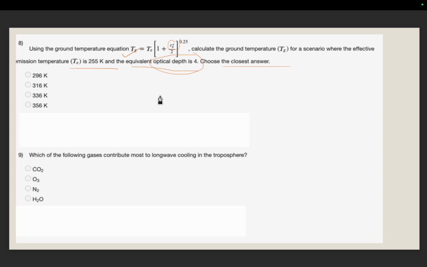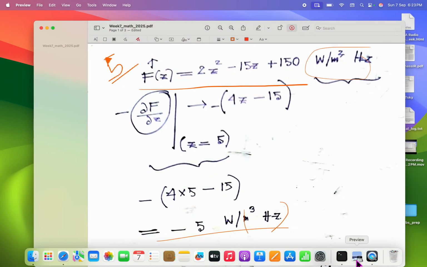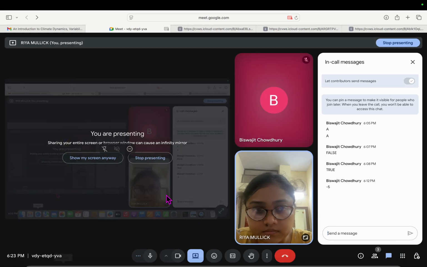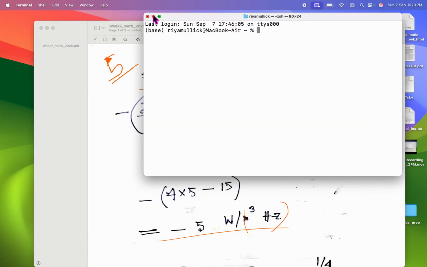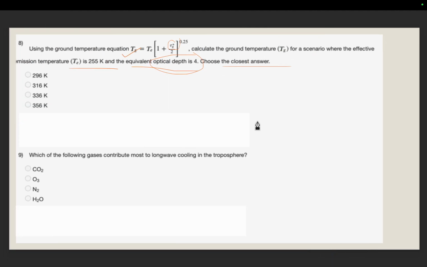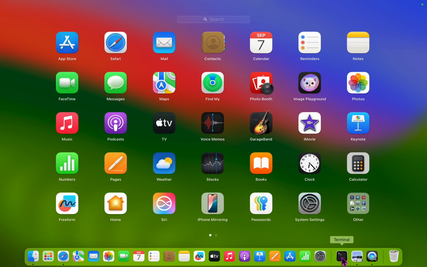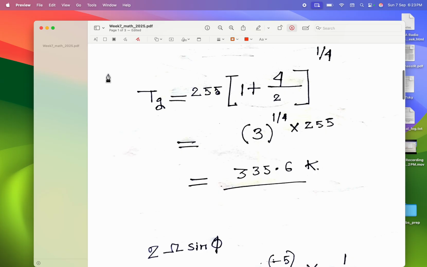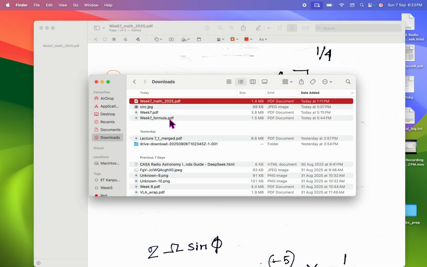What will be the ground temperature in this scenario? The answer is 336, yes, 335.6 or 336.